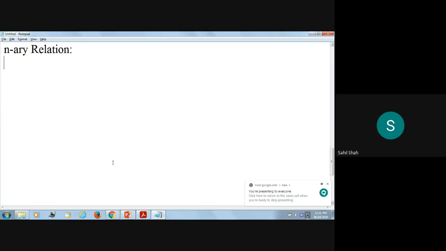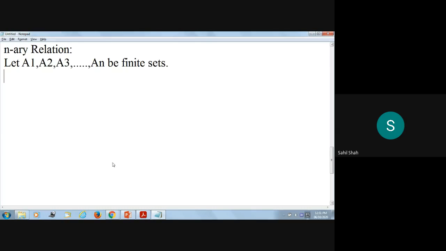An n-array relation. Let A1, A2, A3 up to An be finite sets. This is given.